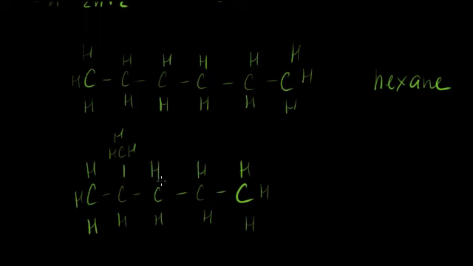I'm going to stop using the hydrogens in a second, but this will be the last one we draw all the H's for because we just want to verify that we have the right number of H's. 1, 2, 3, 4, 5, 6, 7, 8, 9, 10, 11, 12, 13, 14. So we have all 14 there as well. This is still C6H14, but it looks a little different because we don't have 6 carbons in a row. We have 5 carbons in a row, and off one of them we have a single methyl group.